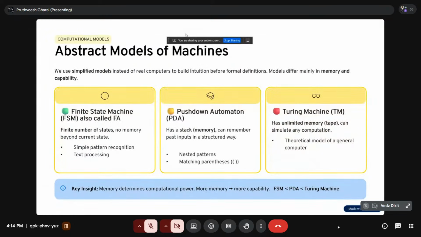So a finite state machine and a traffic light work similarly. Where is this used? This is used in simple pattern recognition and text processing.